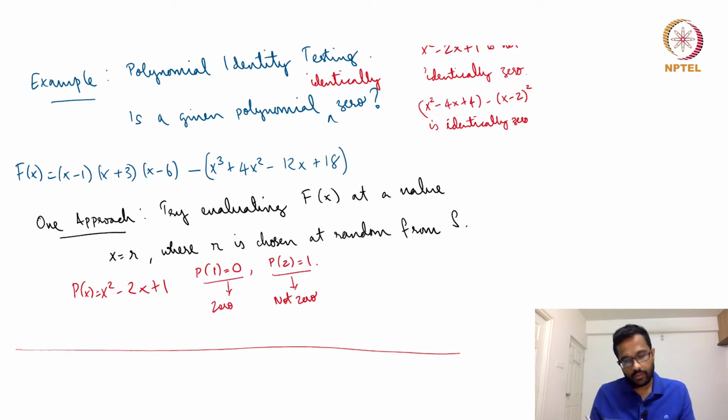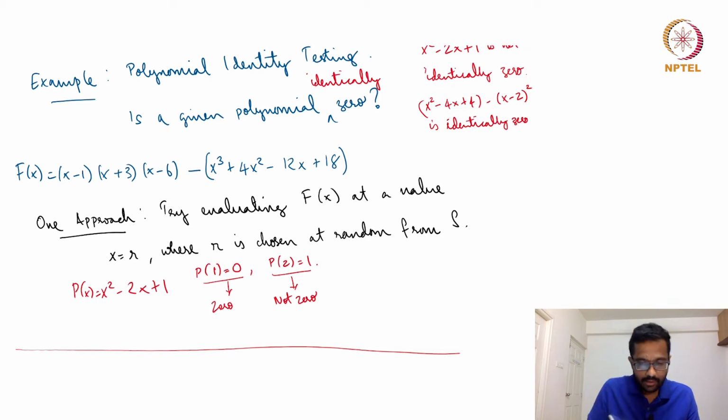So I said wrong earlier. I said this has an RP algorithm, but this is a co-RP algorithm, right? Because the polynomial could be not the 0 polynomial, but there are false positives. We may incorrectly state that a non-zero polynomial is a 0 polynomial. So here it is certainly not a 0 polynomial, but we are reporting it as a 0 polynomial.